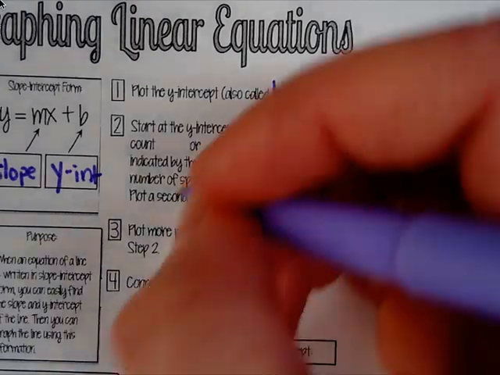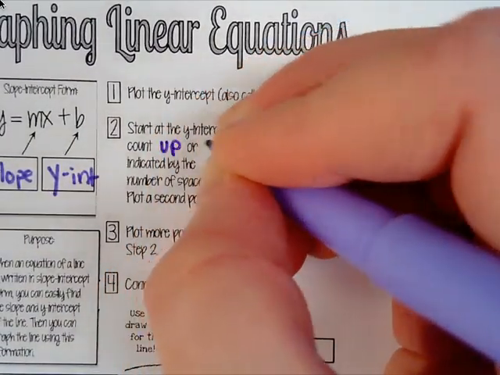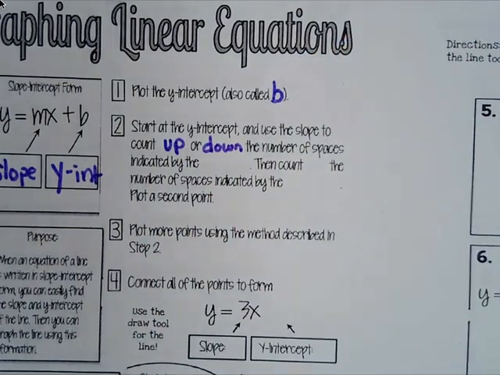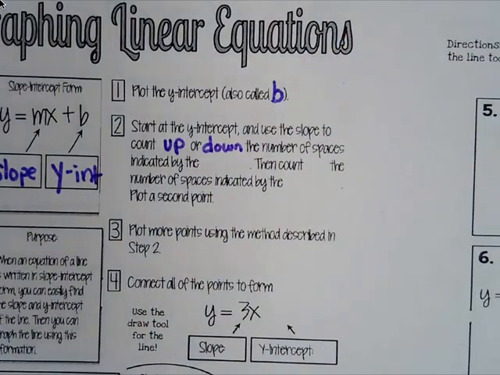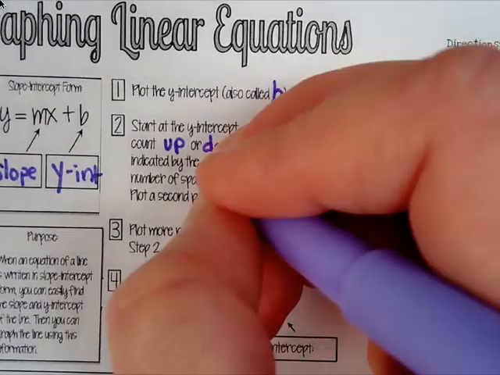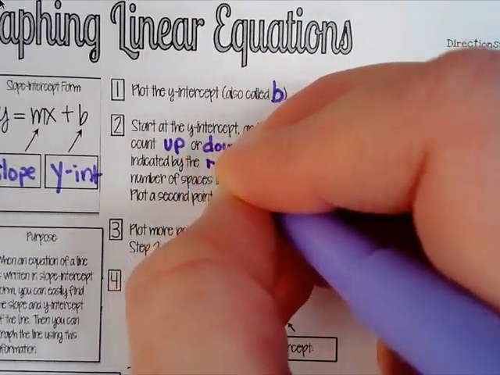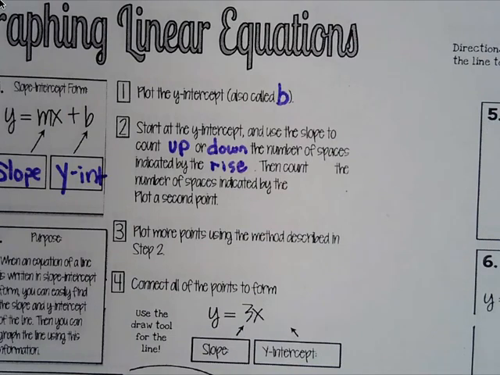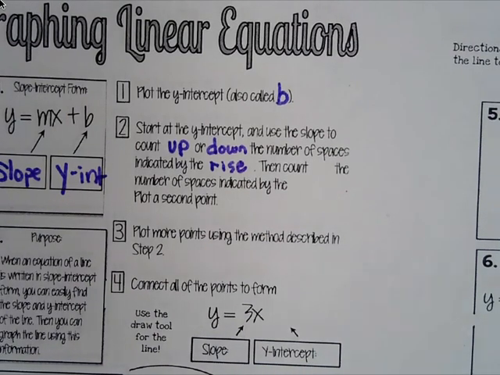You either go up or you go down, and that is indicated by the numerator. We could also put by the rise. Rise is your y's. No, it's not indicated by the y-intercept.